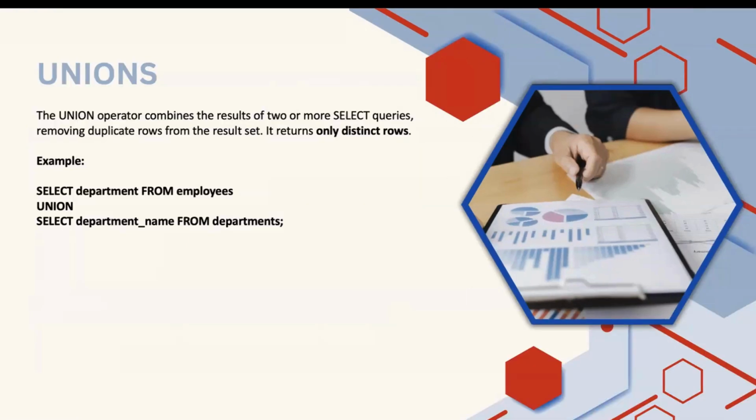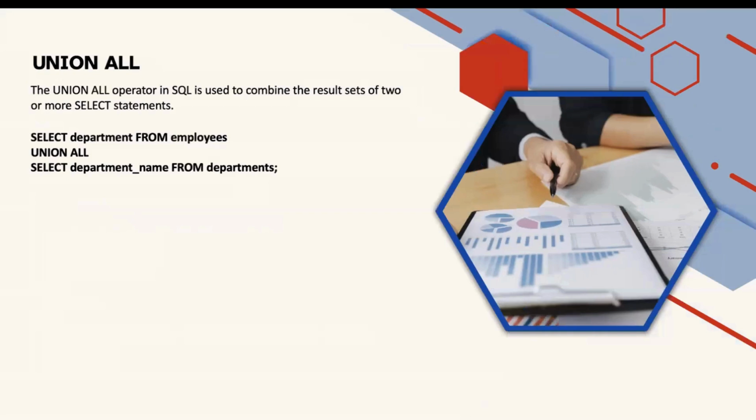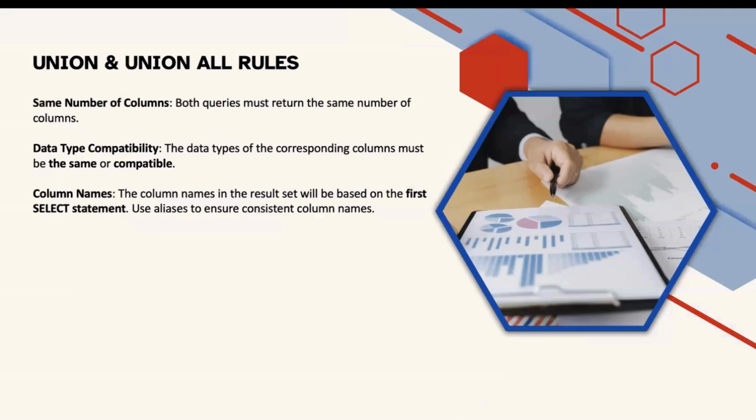So first, what is the union? Union is basically used to combine two or more select queries, and it removes the duplicate records from the result sets. Union all combines the result sets of the two select statements, but it doesn't remove any duplicate records.